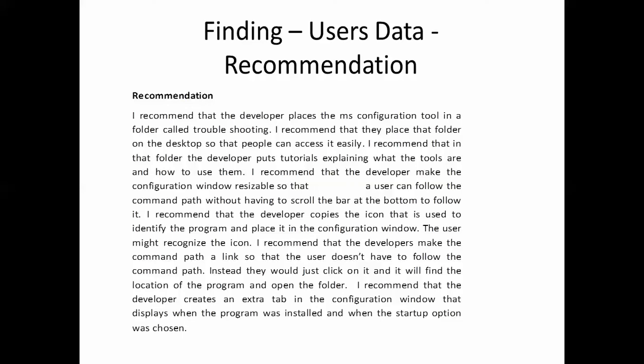I also recommend that they place a folder on the desktop so that people can access it easily. That way, you don't have to go search for it or put in any type of MS config. You don't have to remember that. You'll just know that you're having issues with your computer, and you want to go to that trouble folder to find something that will help you solve your problem.